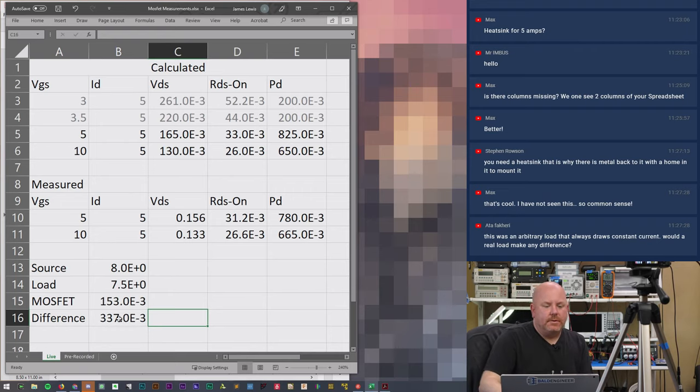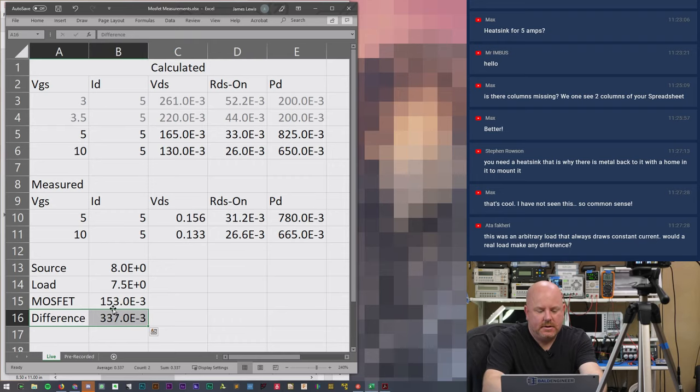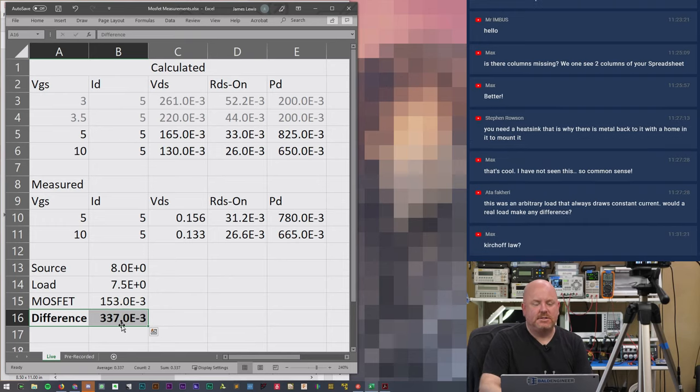So here's what I was trying to get to: we only have two things in our circuit, the load and the MOSFET, but there's 300 millivolts missing somewhere in my circuit. So where is this 330 millivolts at?